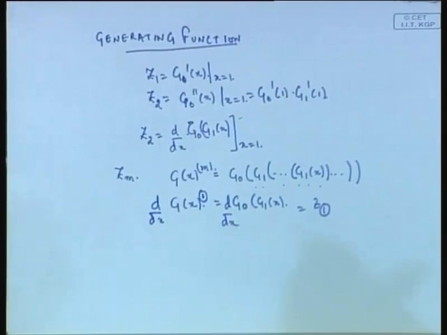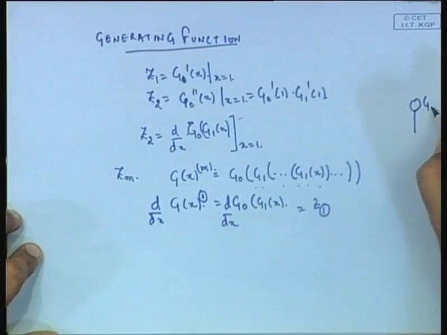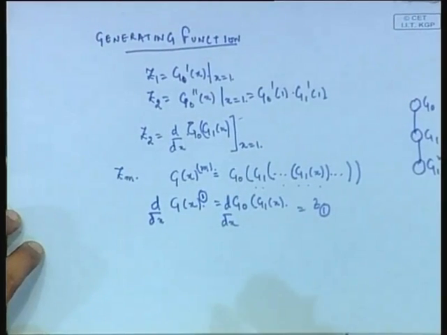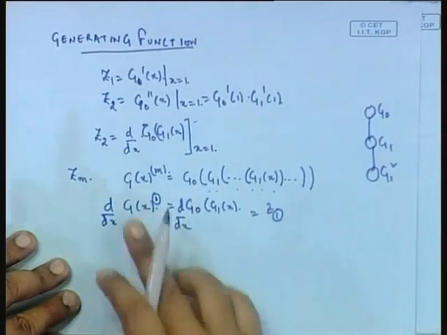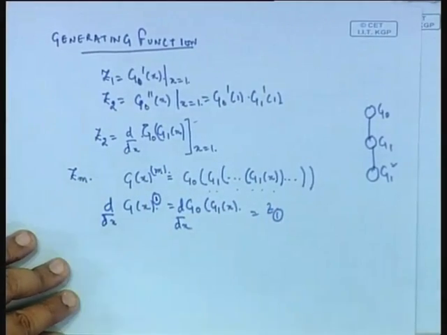I can expand and go on, because from this was G0, this was G1, if you remember. If I go one more step, that will be G1 squared. From there this recursive equation comes.